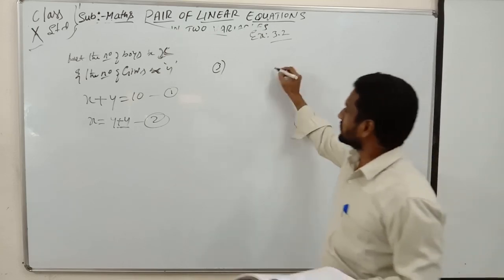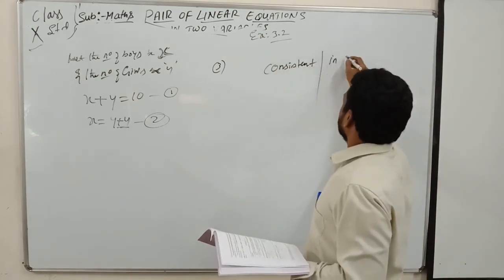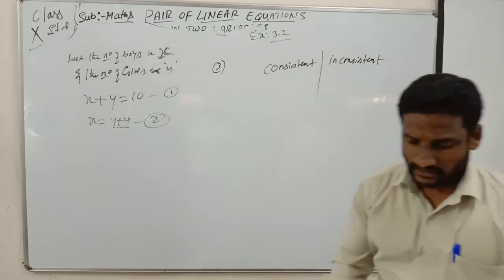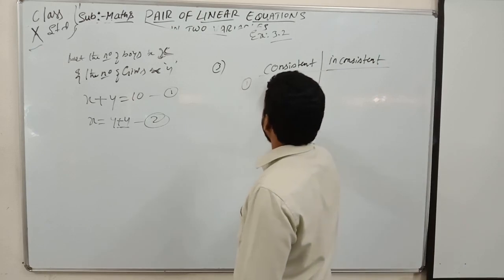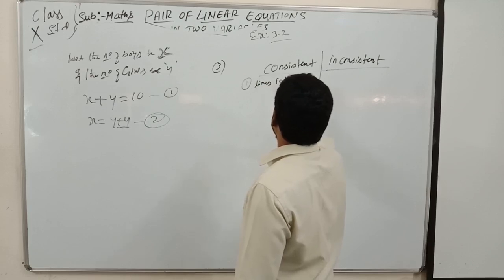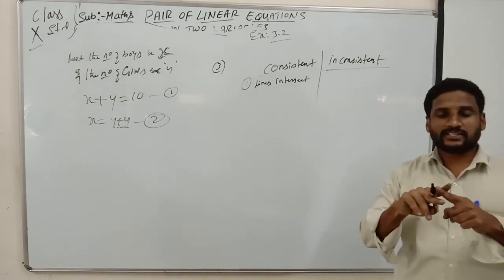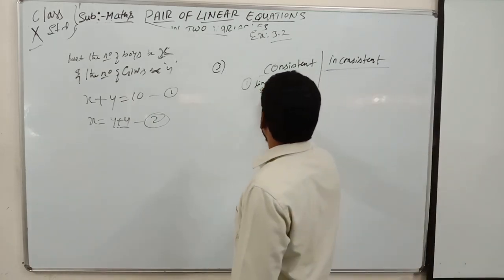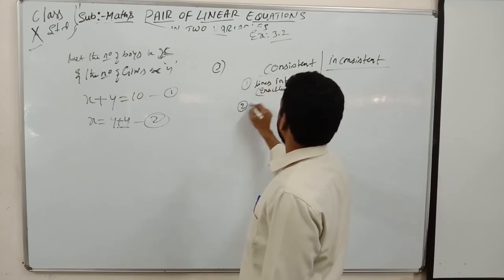What do they ask? Consistent or inconsistent? How do you say consistent or inconsistent? When lines intersect, we say consistent. Two lines intersect, or exactly one solution, that is nothing but consistent. So line intersect means exactly one solution. Okay, the second case we also call consistent.